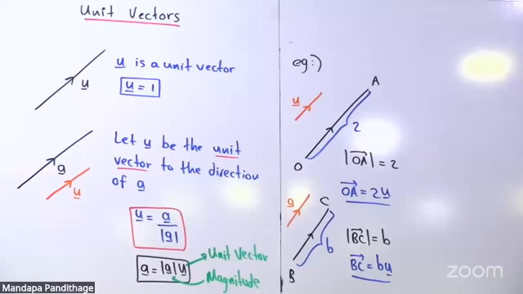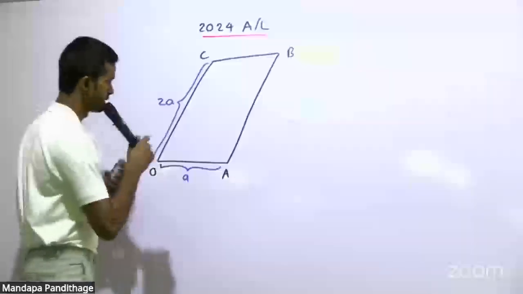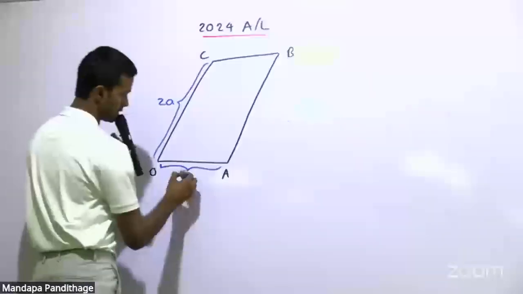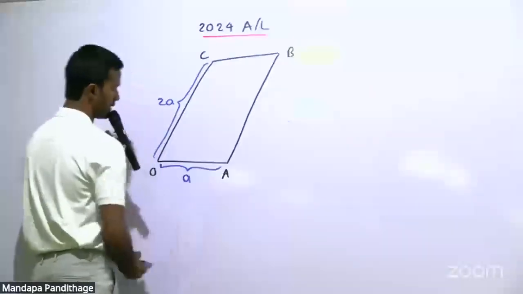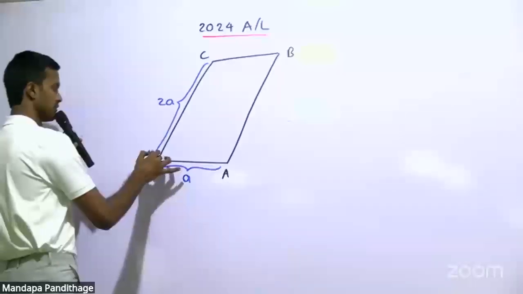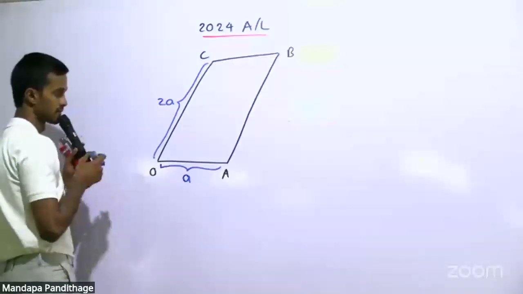When this distance is 2A, those are the distances of the line segments. It's not underlined. It's just the distance of the line segments.